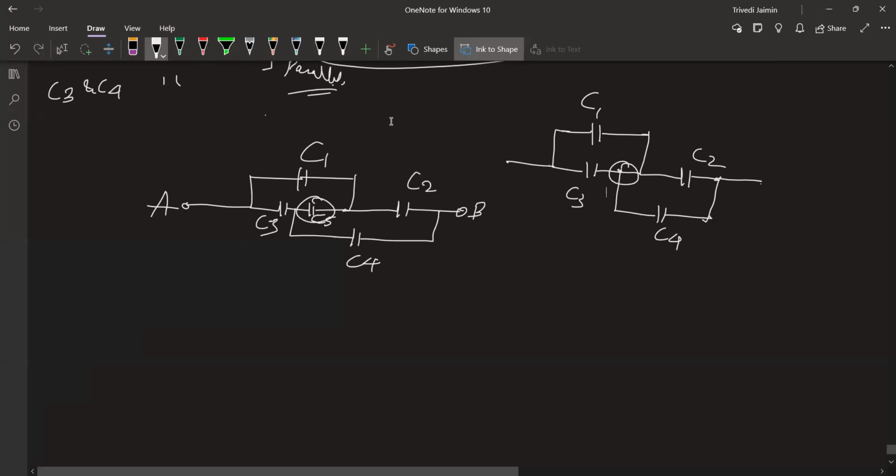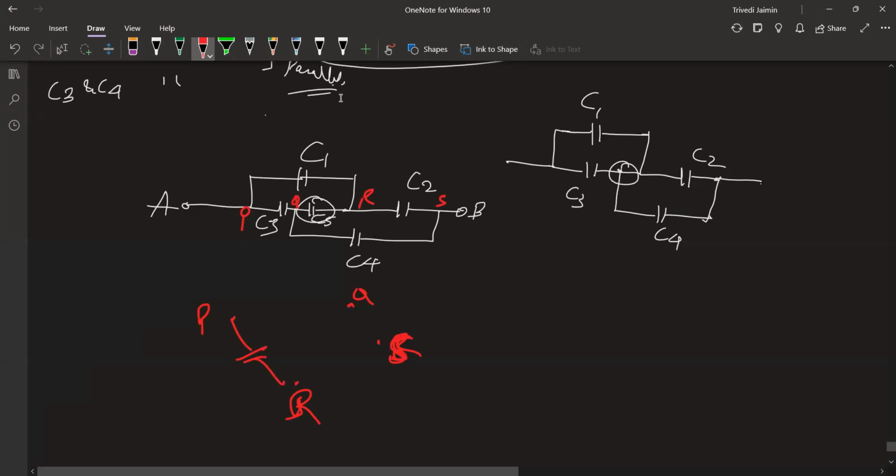See, if you still get confused with this thing, the simple way is to give names. Point out P, Q, R, S. Between P and R, there is one capacitor.